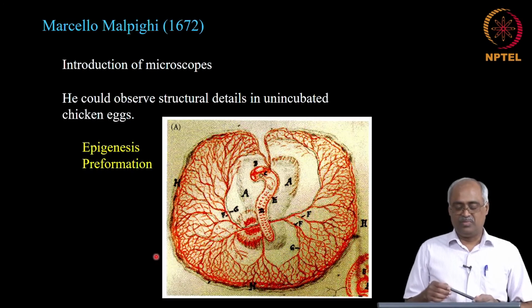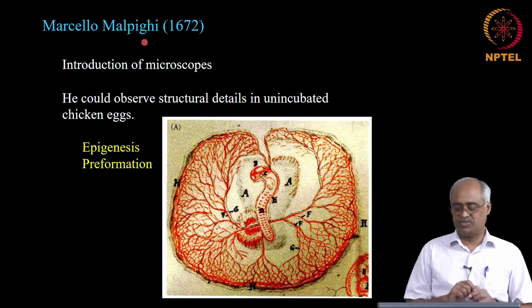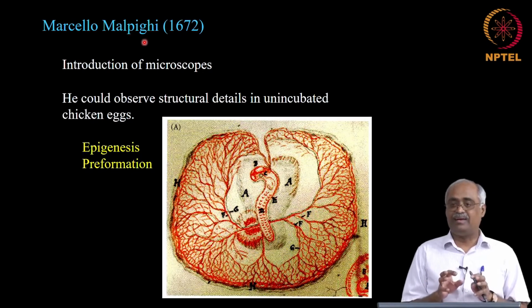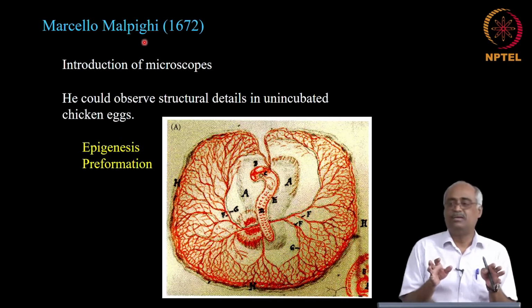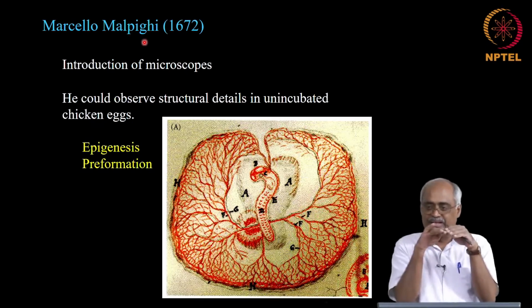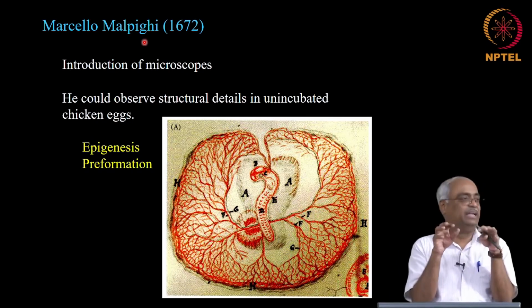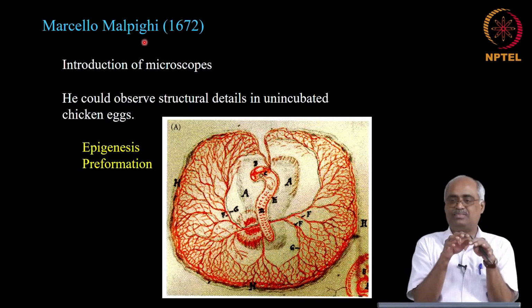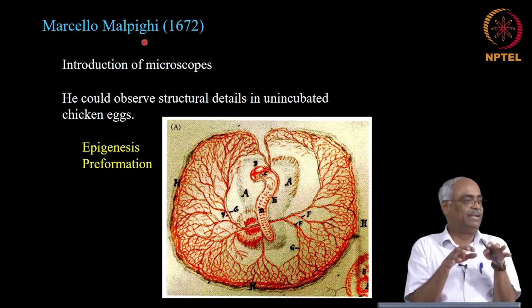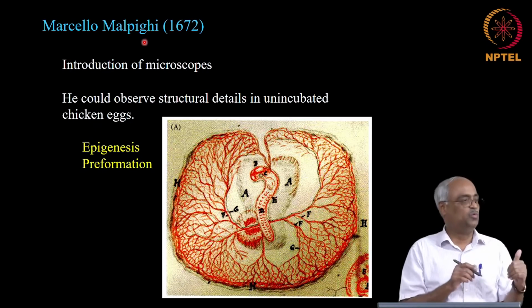So, when microscopes were introduced, Marcello Malpighi could see details. He could open the chick egg, break open the eggshell and observe it. This is big enough that you can do it without a microscope, and once he got the microscope he could make detailed observations and drew them.